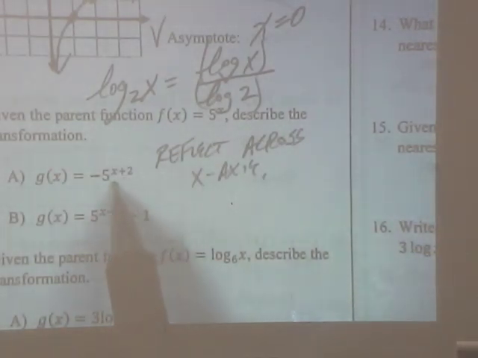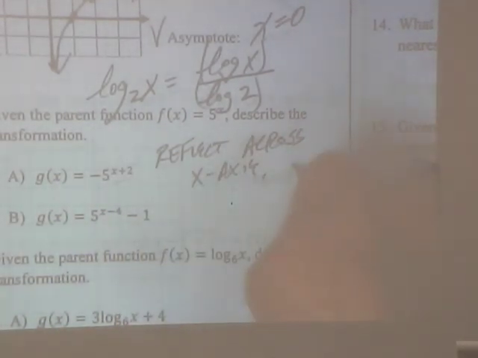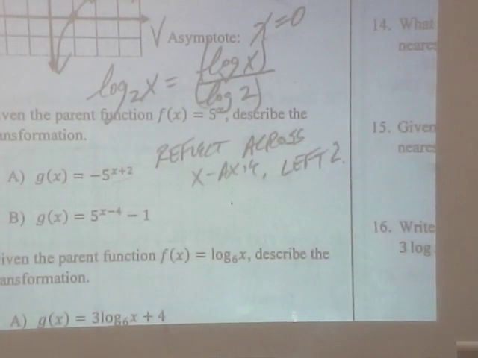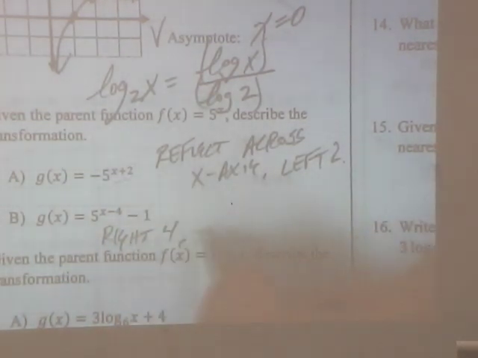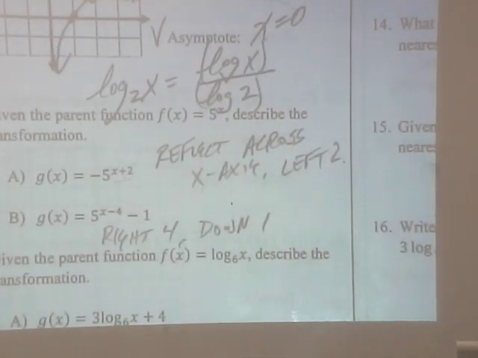I'm adding 2 with the x, so that'll be left 2. Good. Part B, we've got 2 transformations again. We're going right 4 and down 1. Any questions on the transformations?